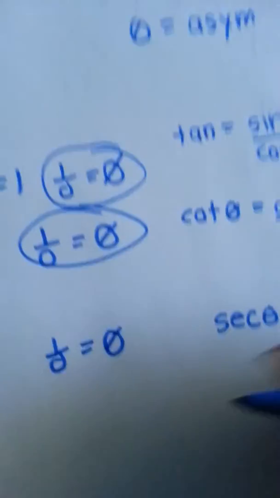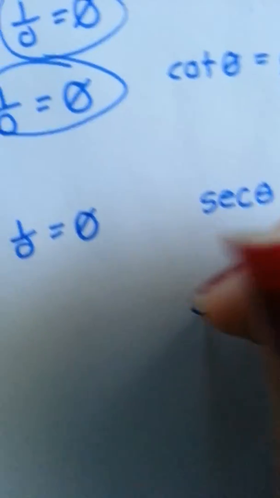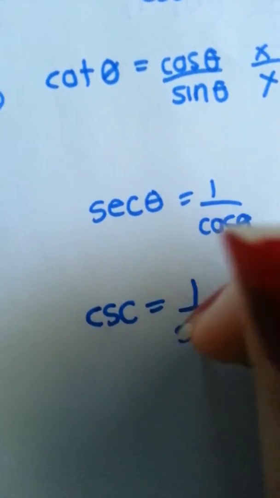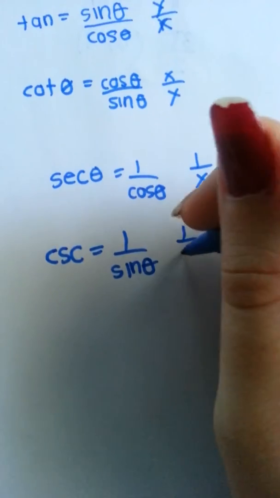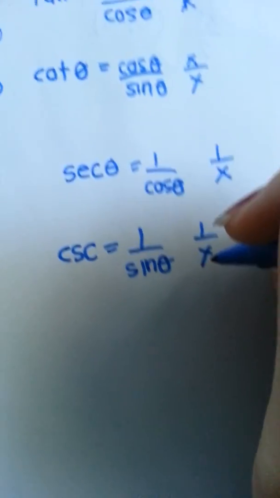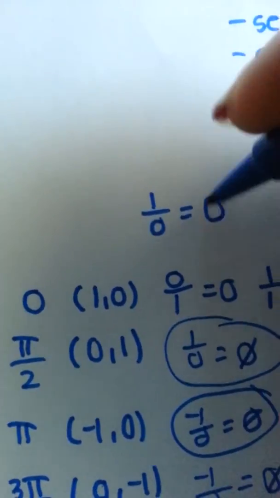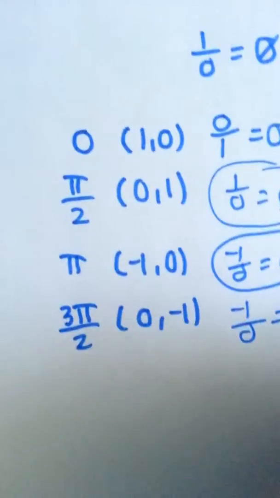And now cosecant is the reciprocal of sine, 1 over sine, meaning it's going to be 1 over y, and wherever y equals 0, meaning at 0 degrees, that's going to give us 1 over 0, which is undefined, meaning here we have an asymptote.